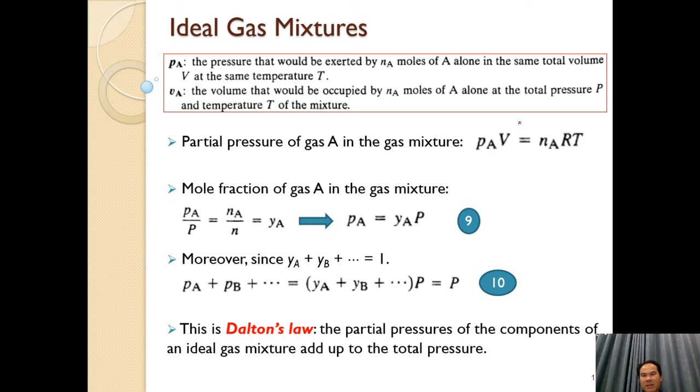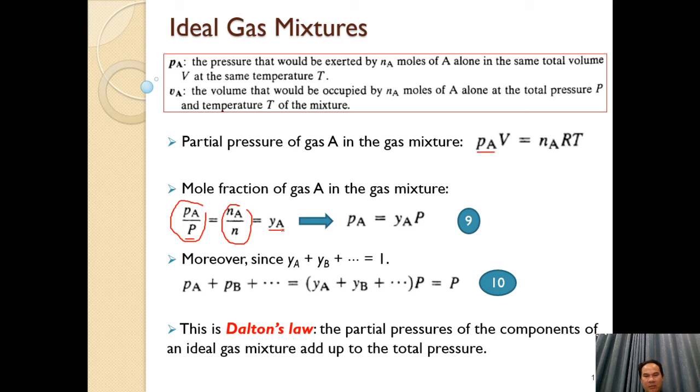Partial pressure A multiplied by total volume equals mole A multiplied by R and temperature. Then you can calculate the mole fraction from the mixture. The mole fraction of gas A you can calculate as the partial pressure divided by total pressure, which is equal to nA divided by total mole.